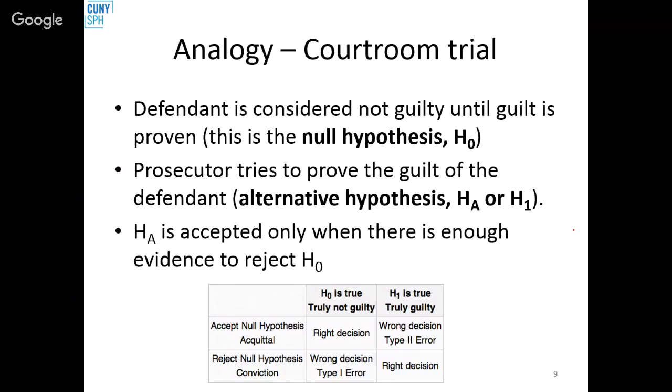So that's an important point, that the null hypothesis is the thing that you assume to be true in the absence of evidence against it. So in the example of the malaria intervention in Kenya, the null hypothesis would be that your intervention is not effective, and that is what you would assume to be true until you have evidence that it is effective.